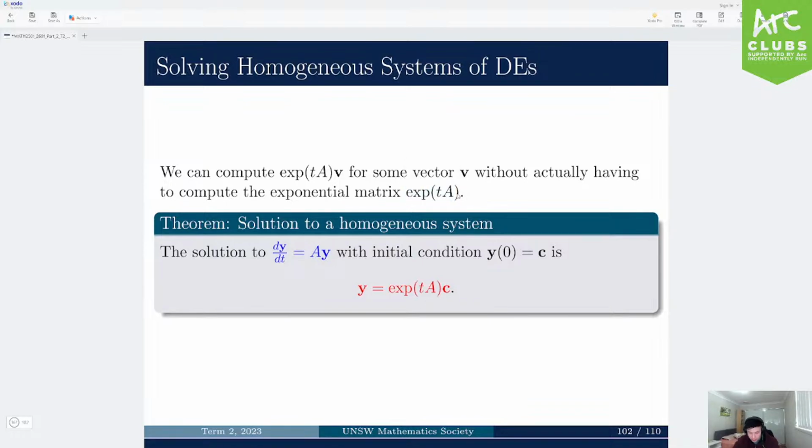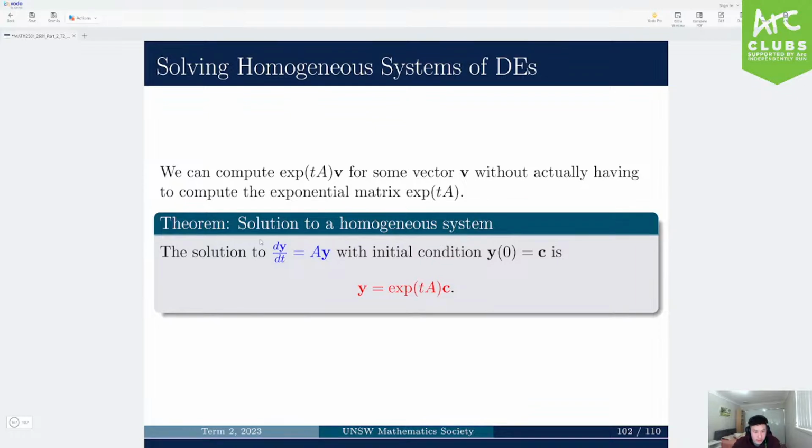And that's really useful because computing this matrix e to the tA is generally really tedious, especially for 3x3 and larger matrices, and that's because you're going to have to find the Jordan form of your matrix A. You have to compute the exponential of your Jordan matrix, which is usually going to be a direct sum of your Jordan blocks. You're going to have to find the matrix P, invert P, and multiply three matrices together, which sounds really tedious, right? And we can actually compute exp of tAv without finding this huge thing, which is going to save us a lot of time.